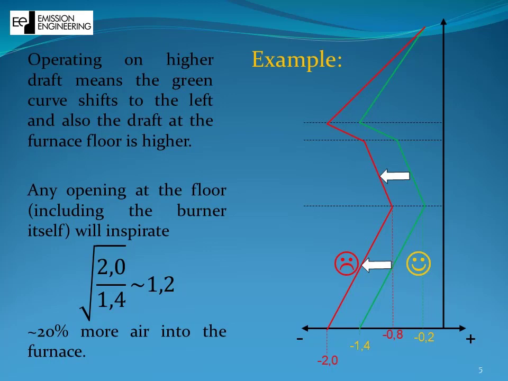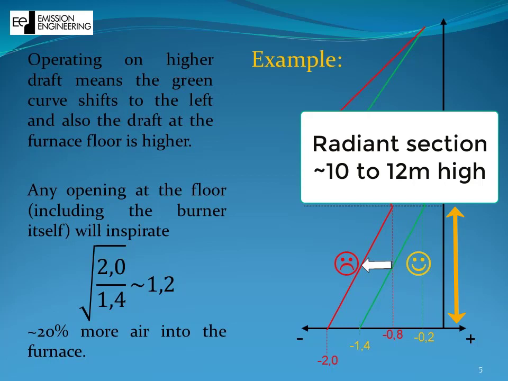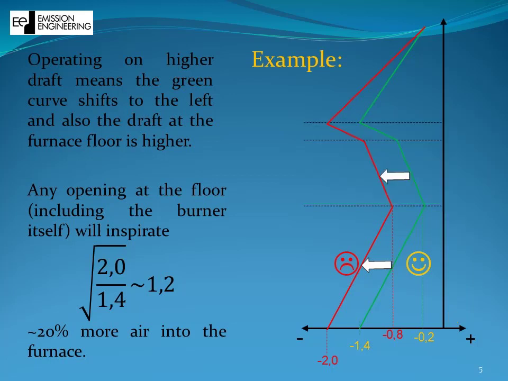The green curve to the right, where you operate at the bridge wall with -0.2 millibar, will result in a radiant section, which is roughly 10 to 12 meters high, in a furnace draft at the bottom where the burners are located of -1.4 millibar. This curve actually shifts to the left if you operate on a higher draft than necessary.